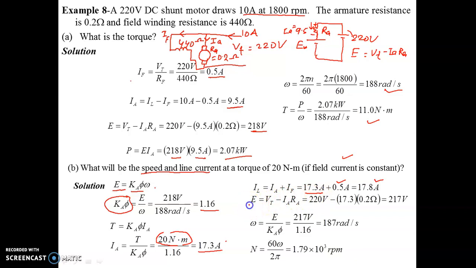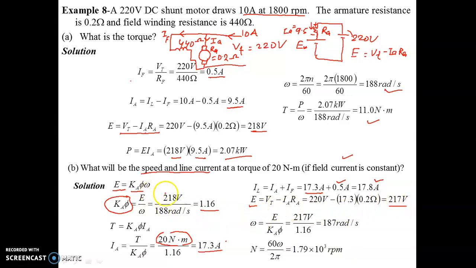Now Ea, voltage in the armature, will be equal to the same formula, Vt minus IaRa. So 220 minus, now Ia current will be 17.3 and armature resistance is 0.2. So its value will be equal to 217 volt.